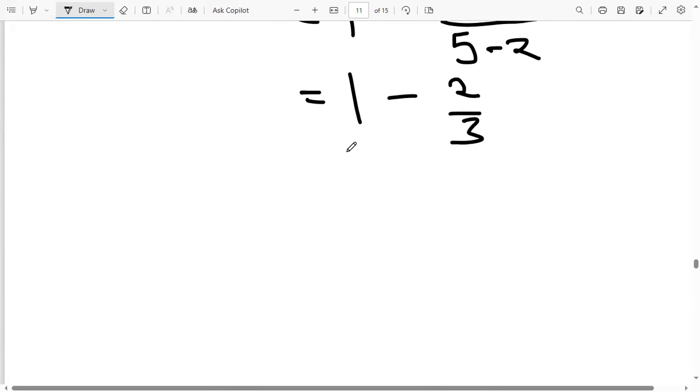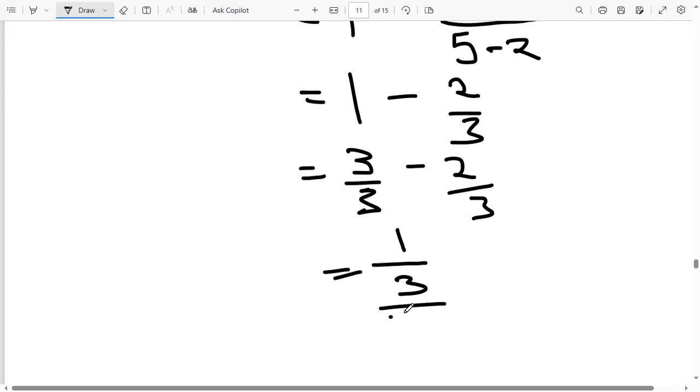Let's subtract this. We can write 1 as 3 over 3, then minus 2 over 3. So this will just be 3 minus 2, which is 1 over 3. So we also find the answer there to be 1 over 3.